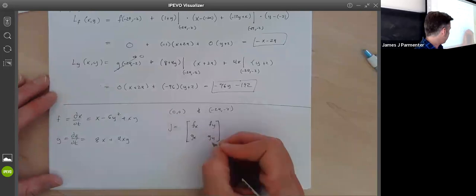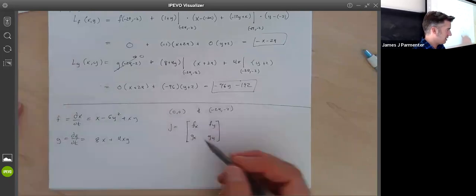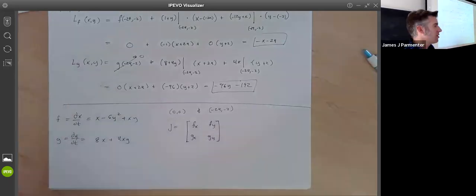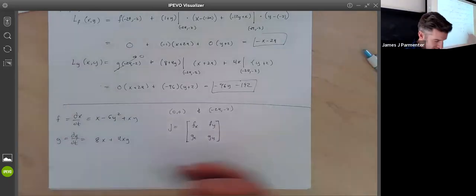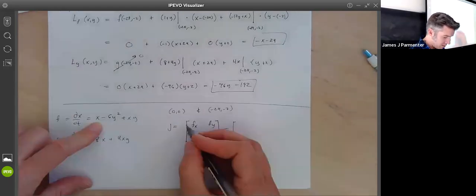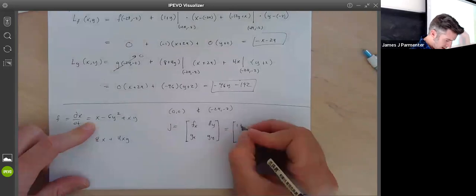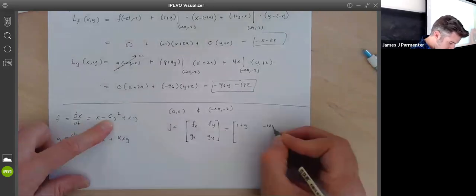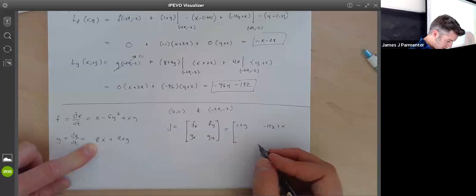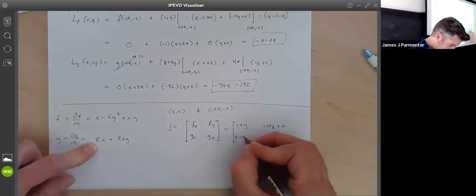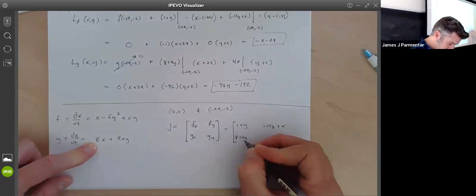Look how much nicer it is to write that than f1, x1, f2, x1. There are good reasons for using x1, x2, but this is just nicer sometimes. So that's going to be fx, which is 1 plus y, fy, which is -12y plus x, gx, which is 8 plus 4y, and gy, which is 4x.